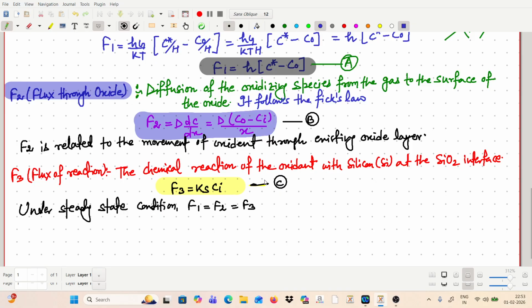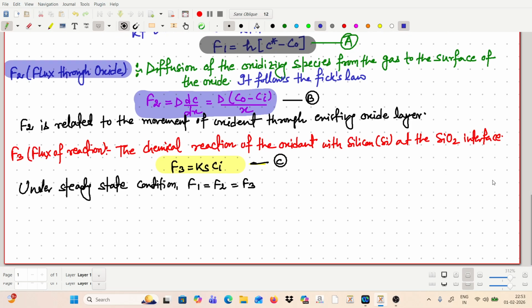The first thing we consider is F1 equals F3.